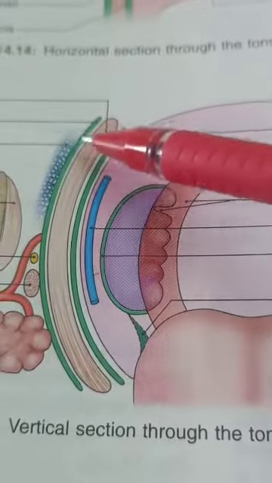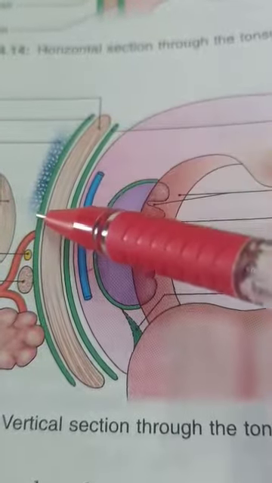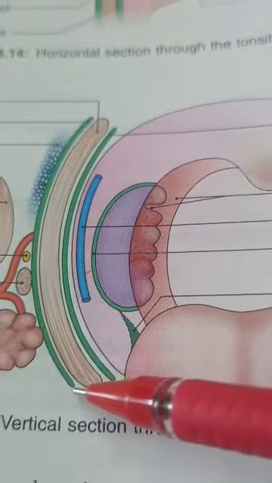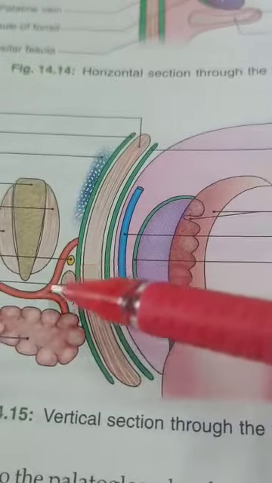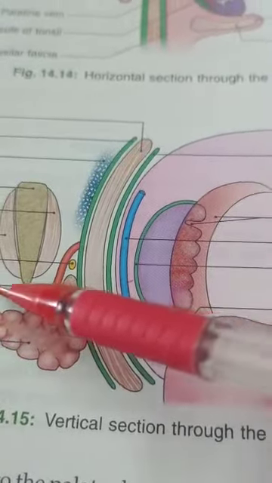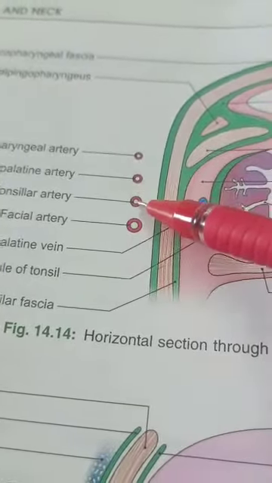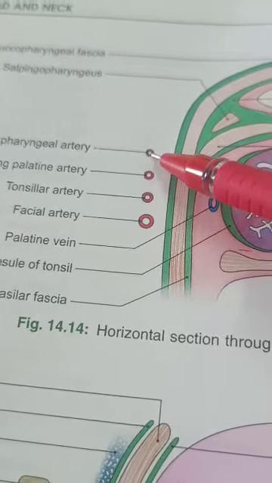And lateral to the superior constrictor muscle, we can see another fascia. This is known as the buccopharyngeal fascia. Lateral to the buccopharyngeal fascia, we can see many arteries. This is our facial artery. In this diagram we can make out the facial artery, the tonsillar artery, then the palatine artery, then the ascending pharyngeal artery.